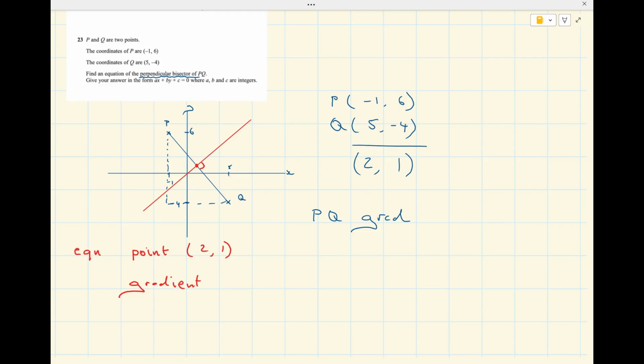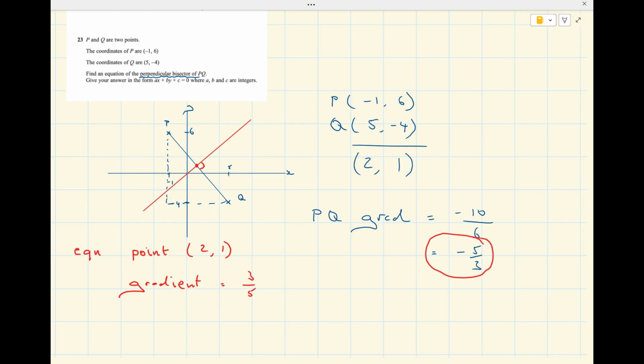Let's go from P to Q. My rise is from 6 down to -4, so my rise is -10, and my run is from -1 to 5, which is 6. So my gradient here is -5/3, which means that the gradient of the bisector is the negative reciprocal of that. So it's not going to be -5/3, it's going to be 3/5.